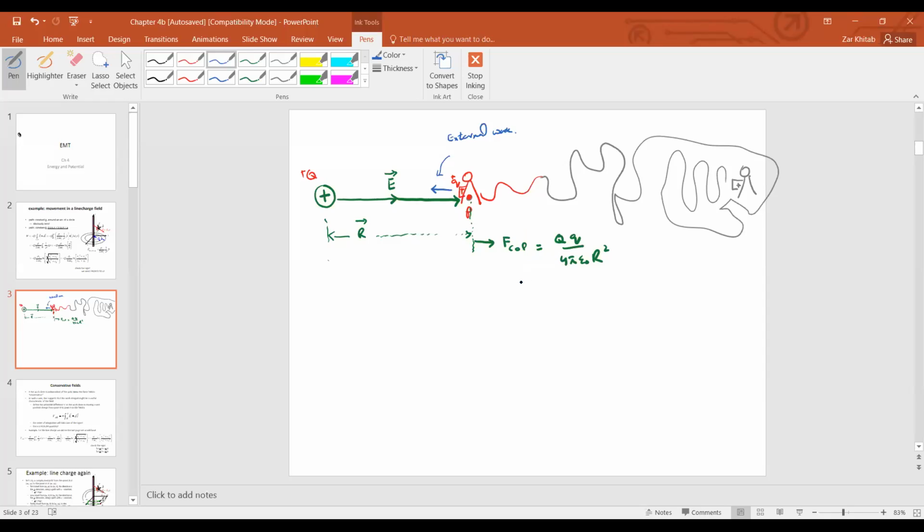Now this Coulombic force, and this really an opposite force the person has to apply, and that force is, suppose, F applied. That force is really the same amount of force but with the negative sign of F Coulombic.